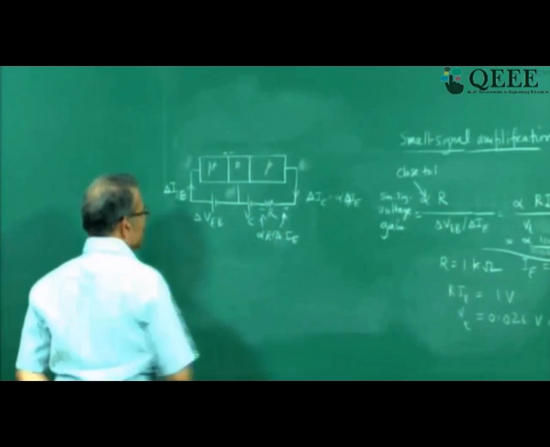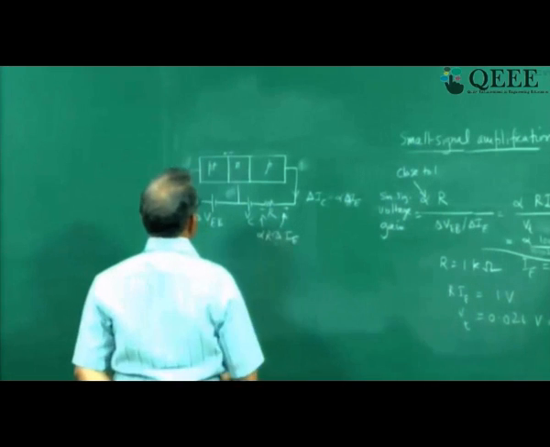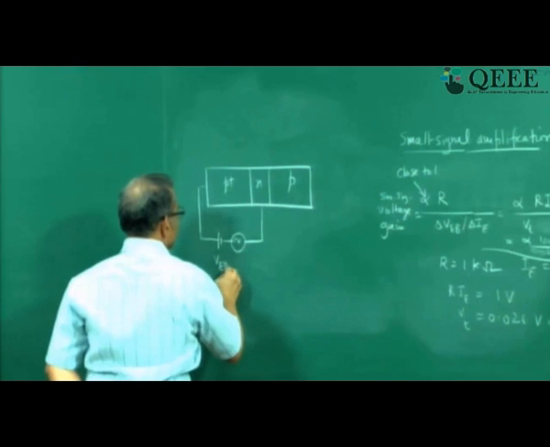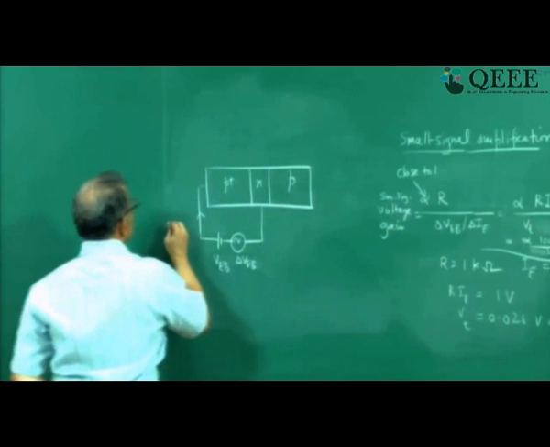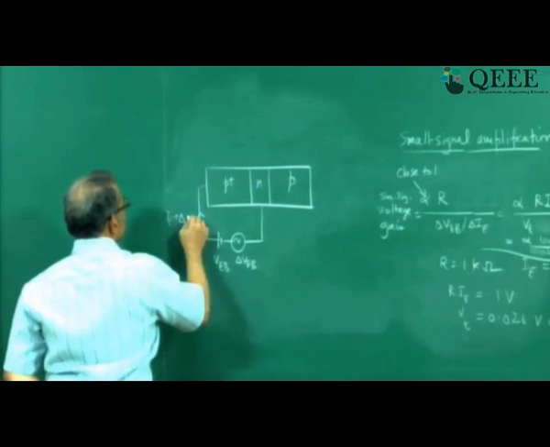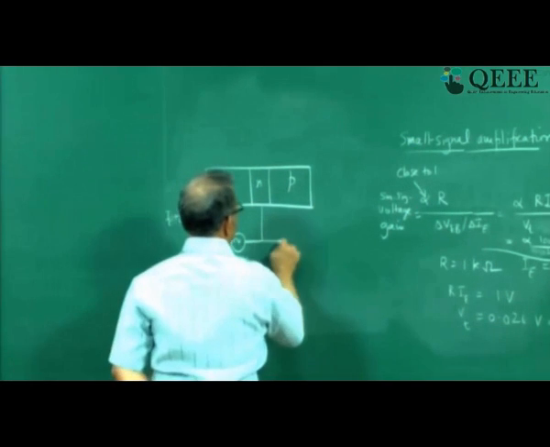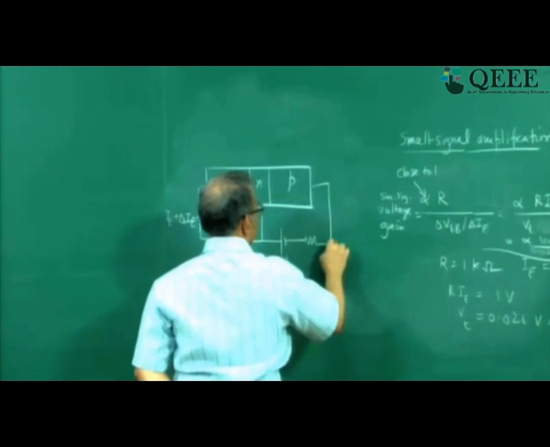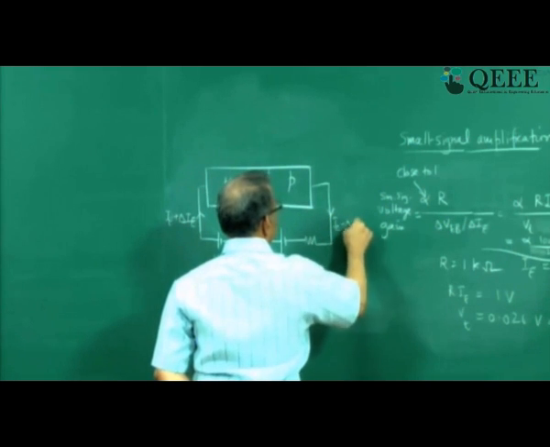So if I want to summarize the transistor action, I will show it as follows. So this is DC VEB, this is delta VEB superimposed over VEB. As a result, the current is IE plus delta IE. And this current is IC plus delta IC.